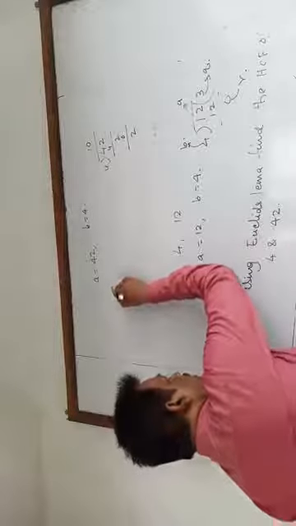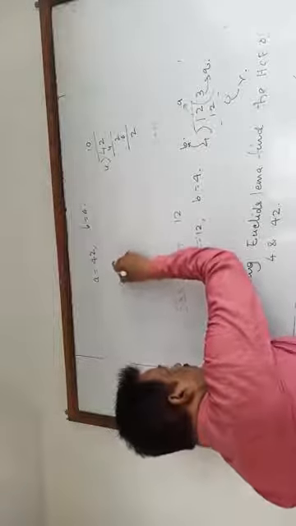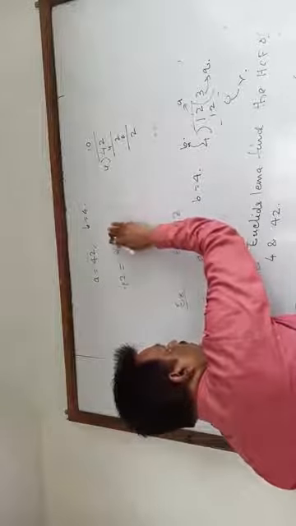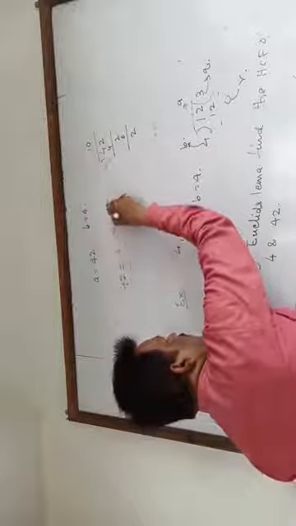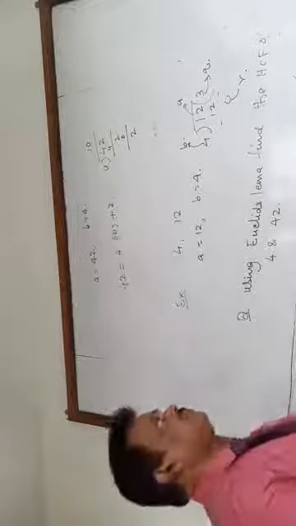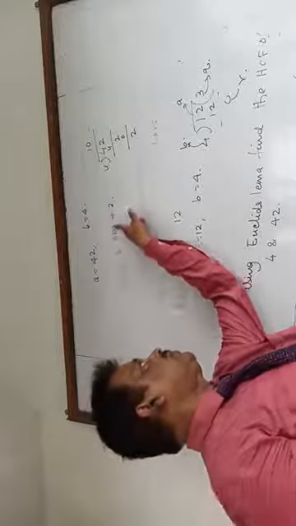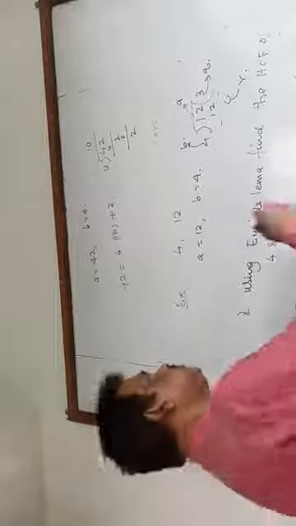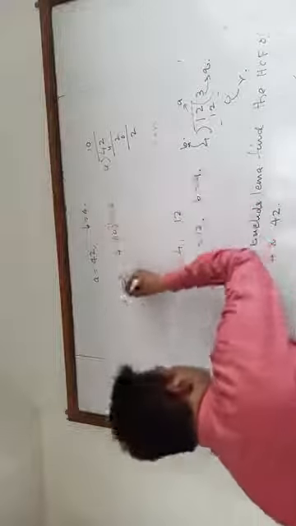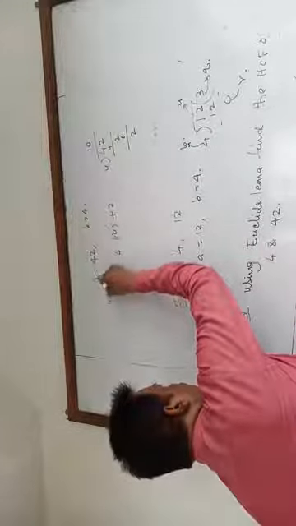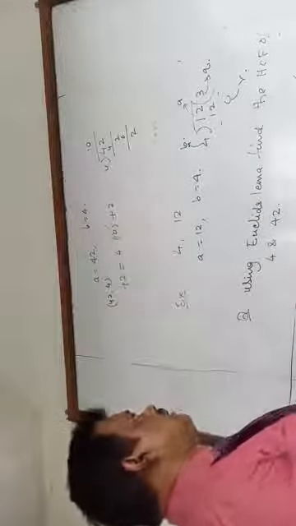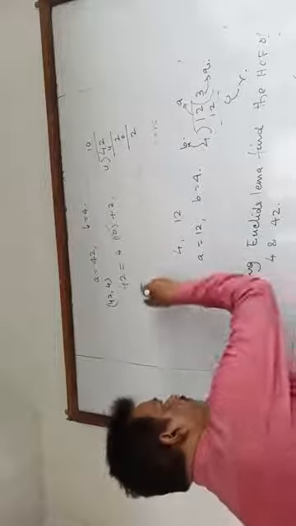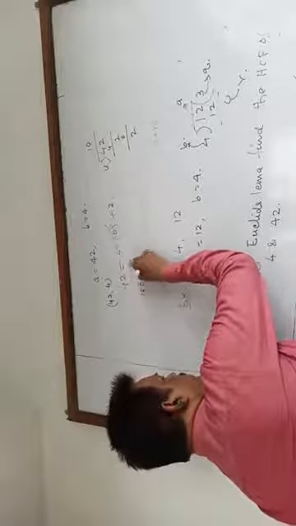So again you have to take these two numbers. The first pair was 42 and 4. The second pair will be 10 and 2.